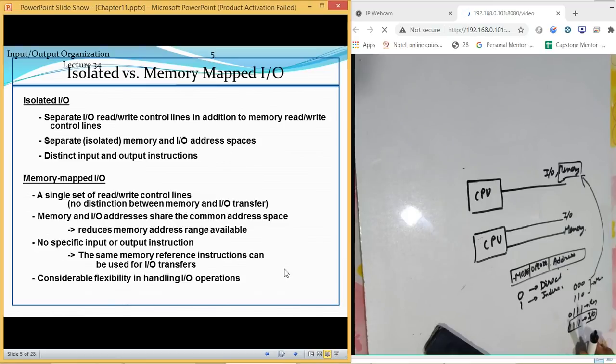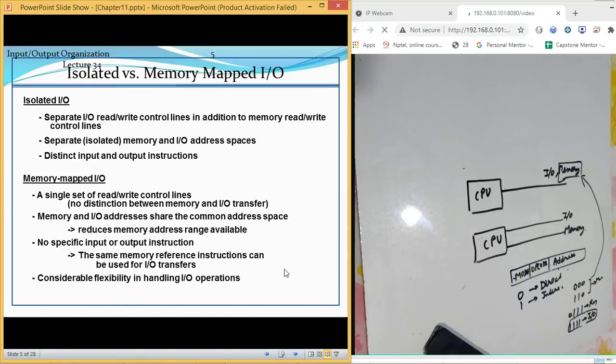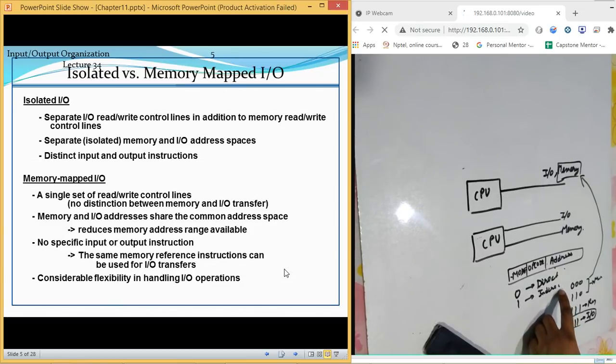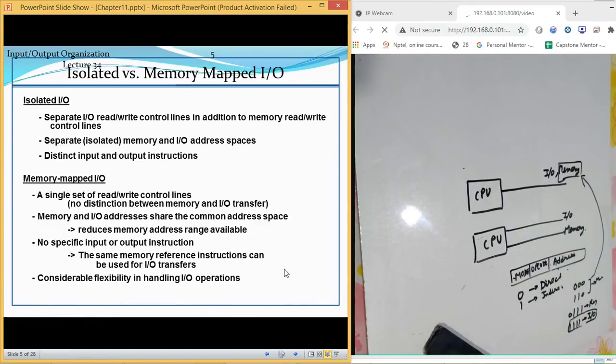All the things which we have done till now were based on memory mapped input output, in which we have the same line to perform the input output operation and the memory operations. That is why we were using a single address space to refer whether it is a memory reference instruction, a register reference, or an input output reference. So this was memory mapped input output.